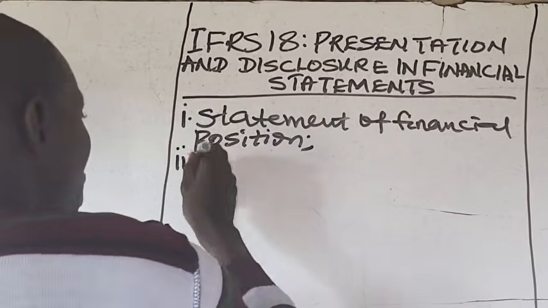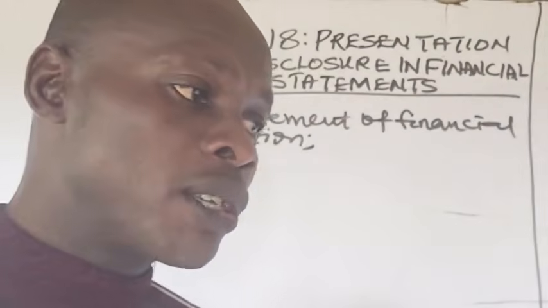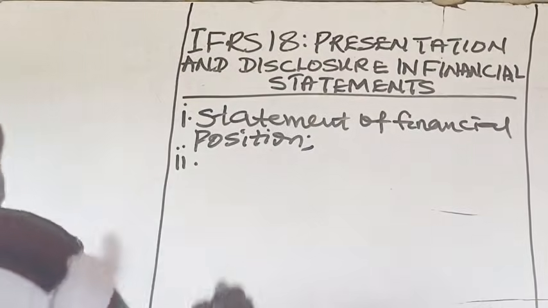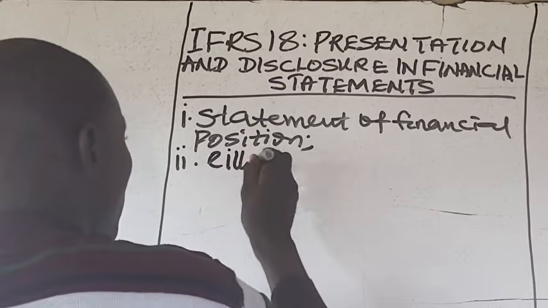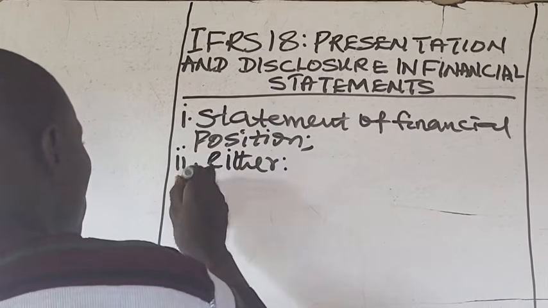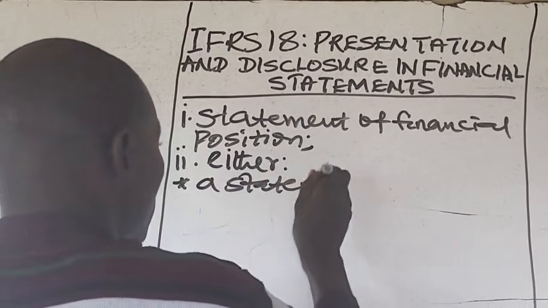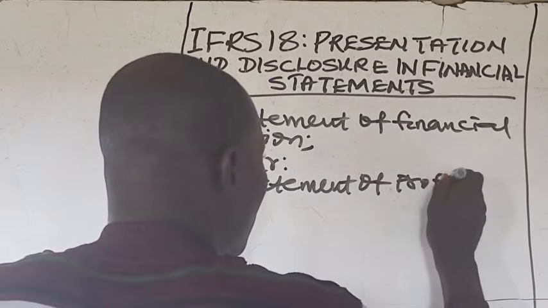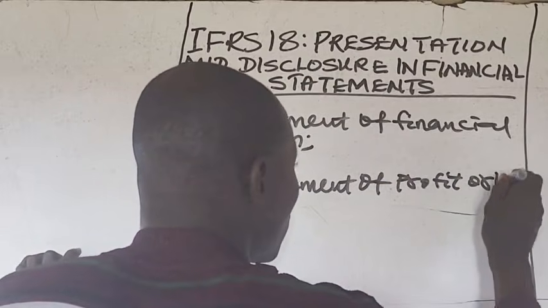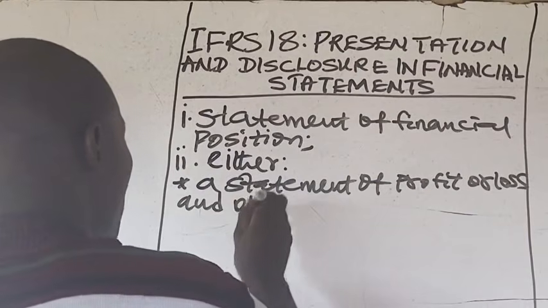Number two, we have either a statement of profit or loss and other comprehensive income.